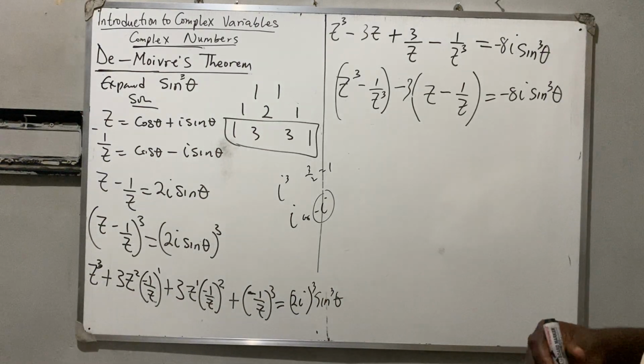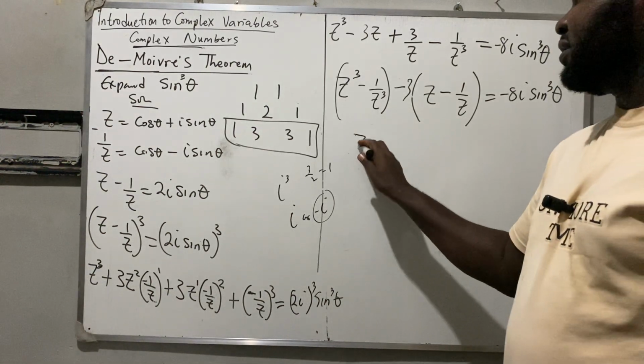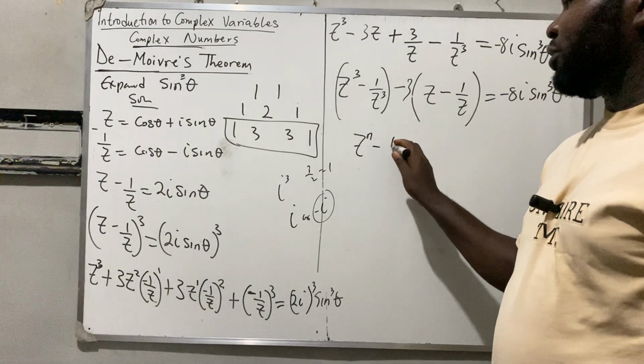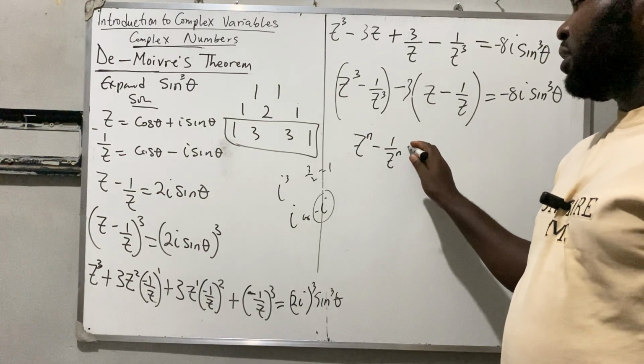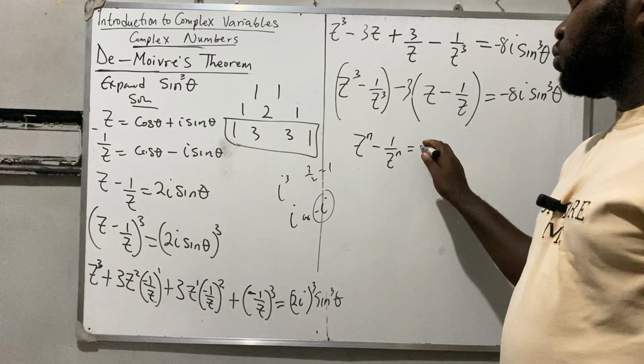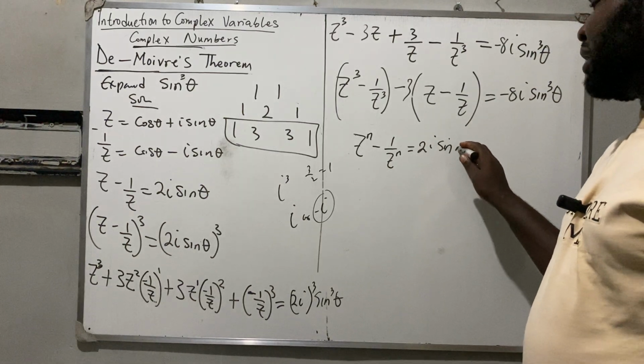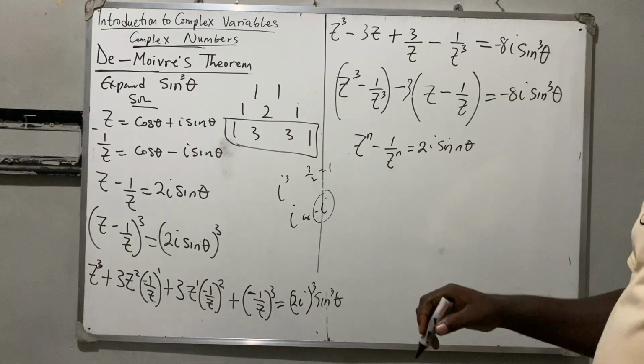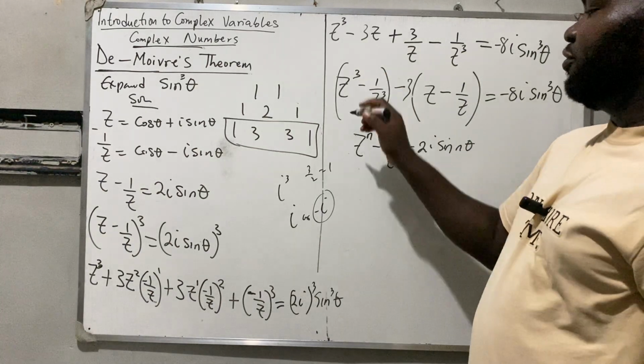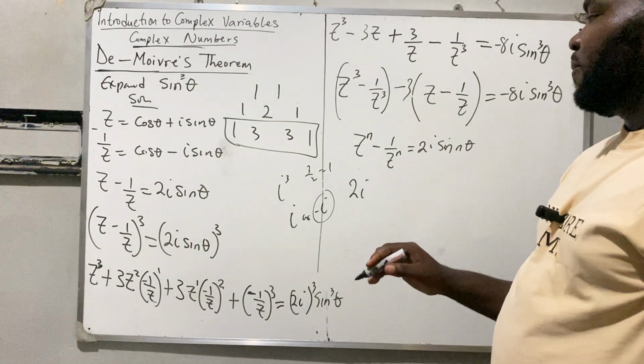Remember that z raised to power n minus 1 over z raised to power n must give me 2i sine n theta.